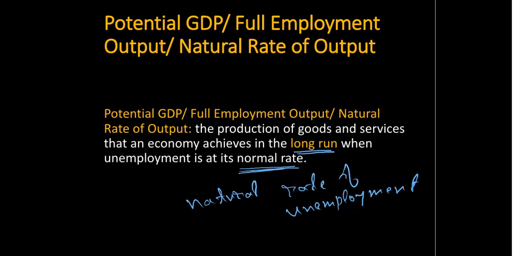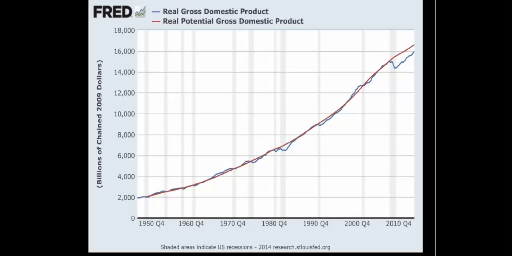So let's try to understand this concept using, again, data for the United States. In this graph, you can see there are two lines. This red line is called potential GDP, and this blue line is our real GDP.